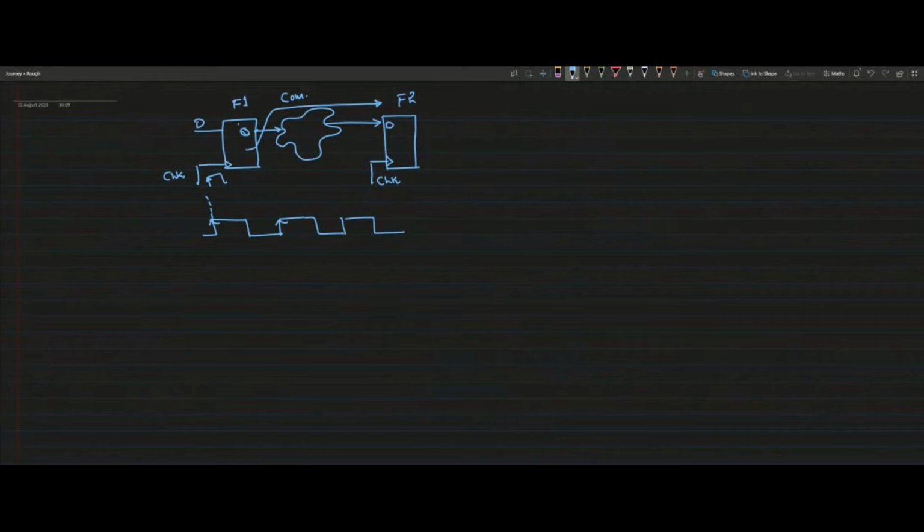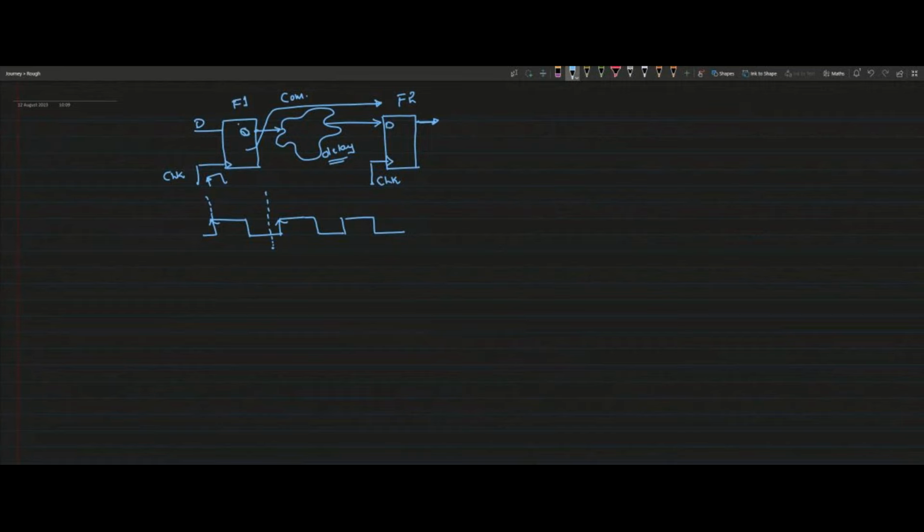Here we will have some delay, a combinational delay, and I expect that this delay is over somewhere in advance, somewhere here, because at this edge I'm capturing the data at this flip-flop.